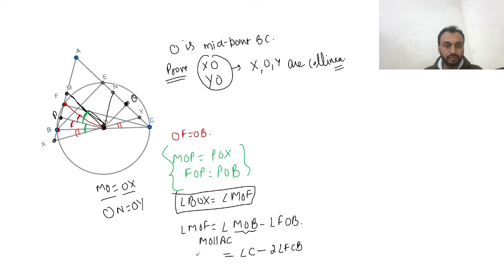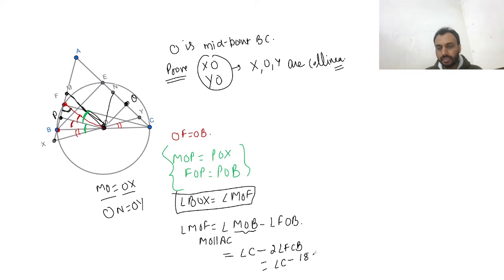So what is FCB angle? FCB is 90 minus B, right? Because this is 90. So FCB is 90 minus B.